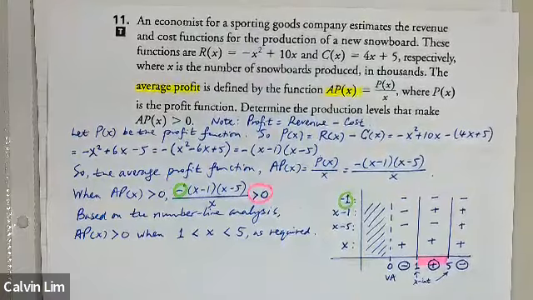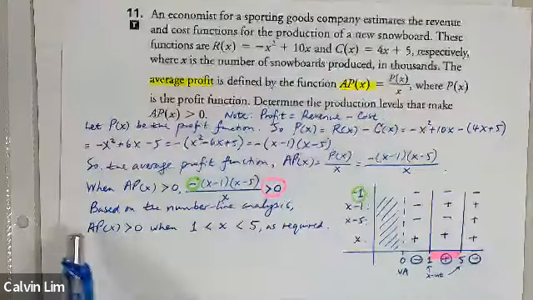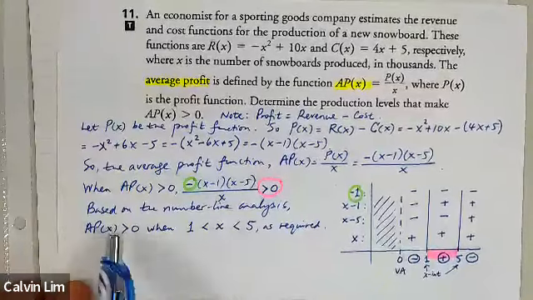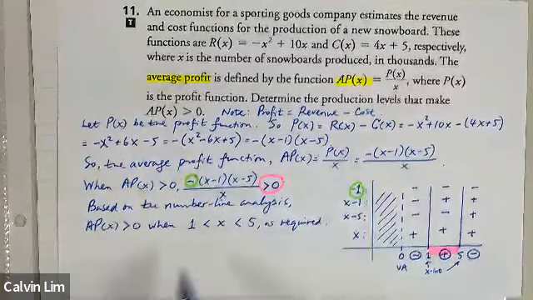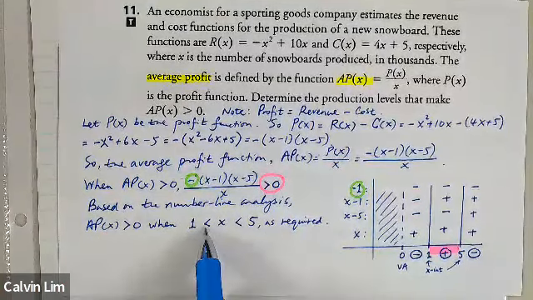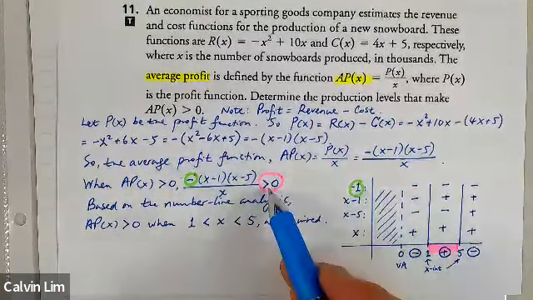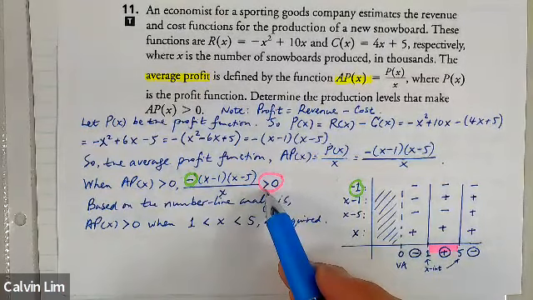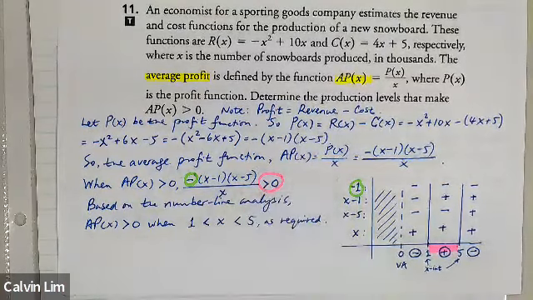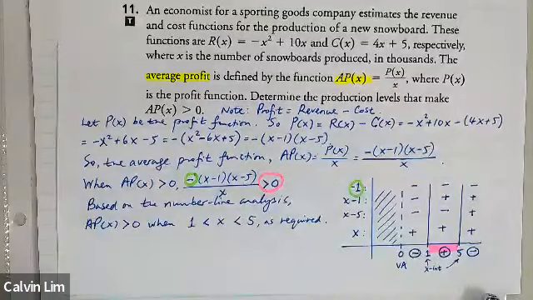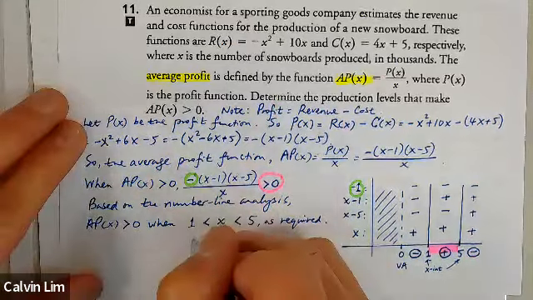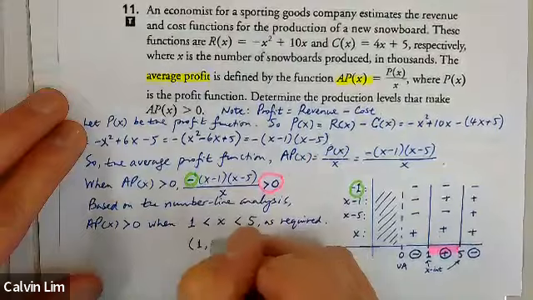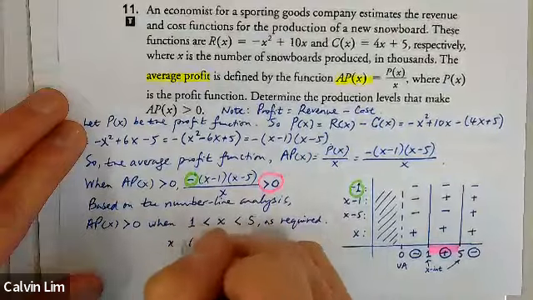No, you don't. You can just say, thus, when AP of X is greater than 0, X is in this interval. We don't include 1 and 5, because we want it greater than 0, not greater than or equal to 0. Write it as 1 bracket 5, or this can be written as 1, 5, like that.